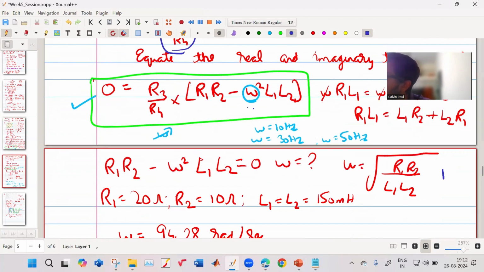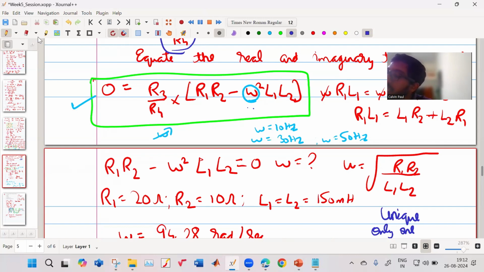There will be only one unique omega at which this can be satisfied. It cannot be satisfied for 10 hertz and 30 hertz and 50 hertz. That is not possible. It might be satisfied for one omega, but for the other omegas, it is not getting satisfied.